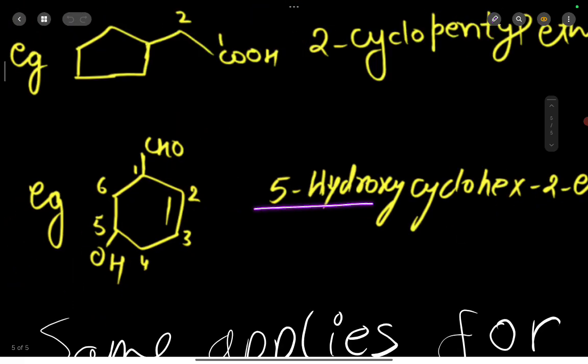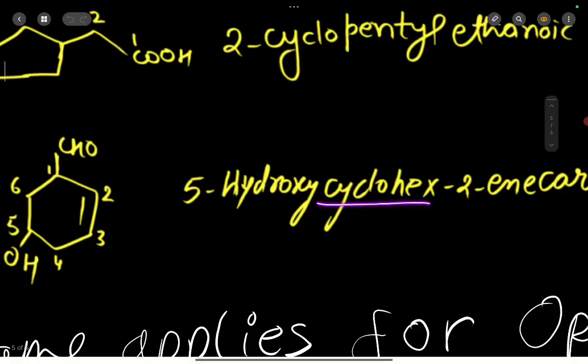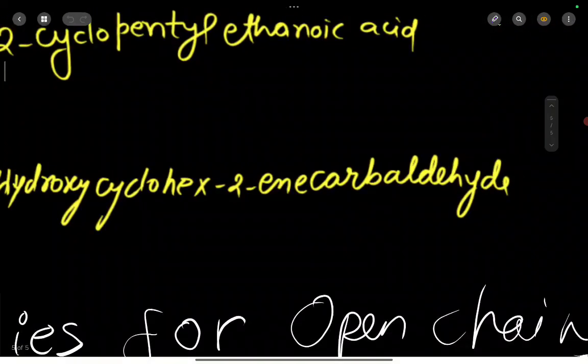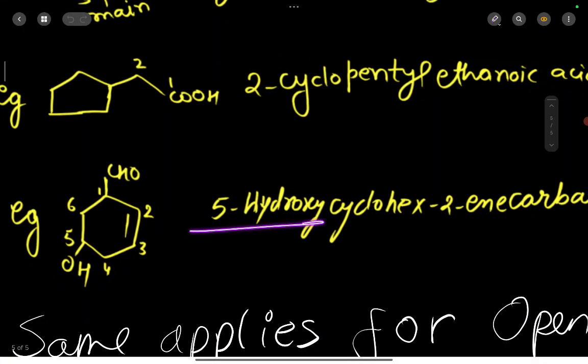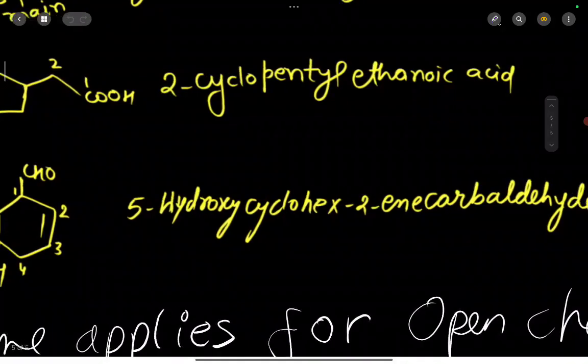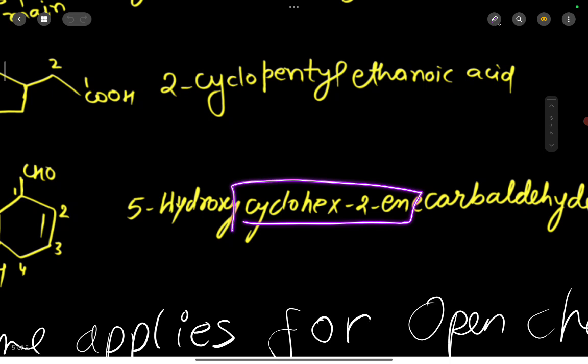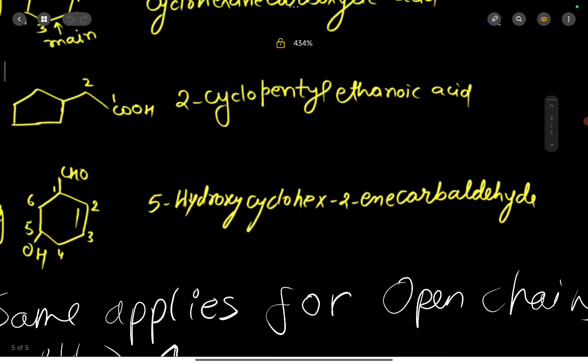So 5-hydroxycyclohex-2-ene carbaldehyde. You understand why? Because at fifth position there is a substituent, and this is a cyclohexane ring. And at second position of the ring there happens to be a double bond, cyclohex-2-ene. And at first position there is carbaldehyde. If it is at first position, we don't need to write the number, okay?